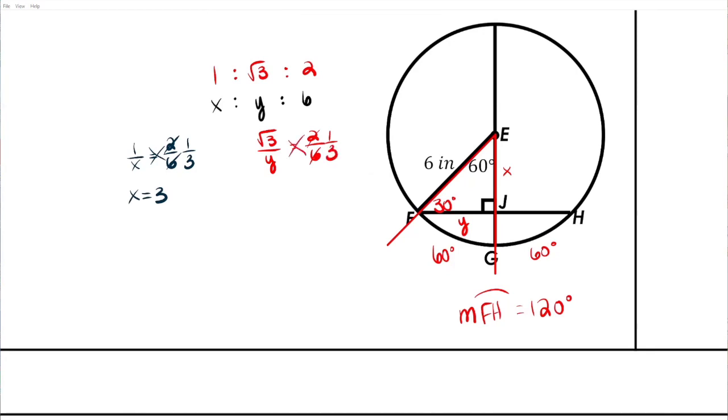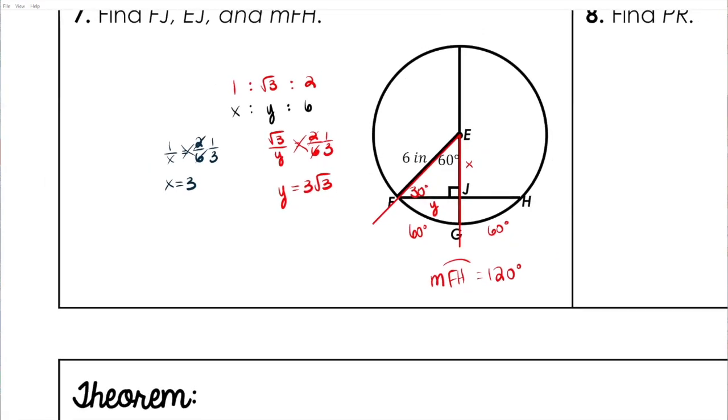Cross multiply. Y is 3√3. So that's our numbers. FJ is 3√3. And EJ is 3.